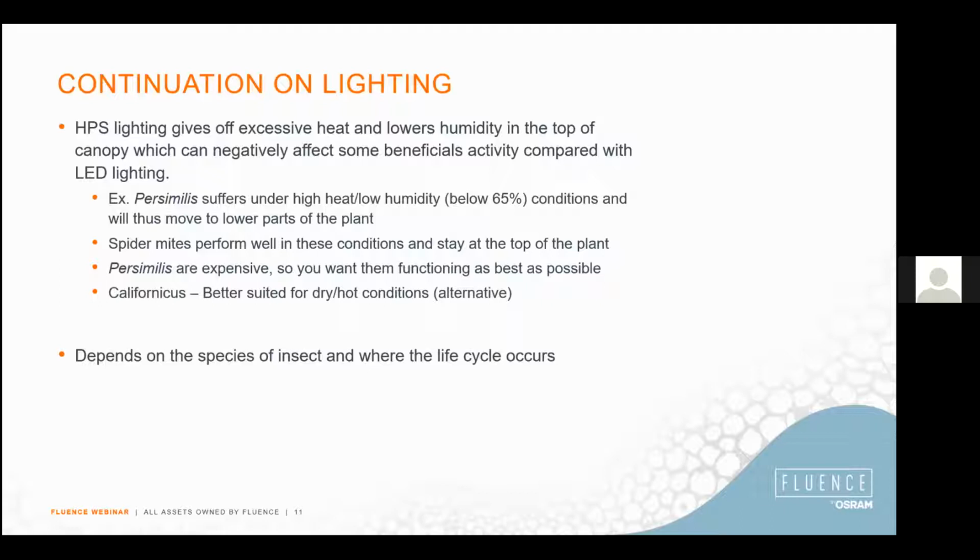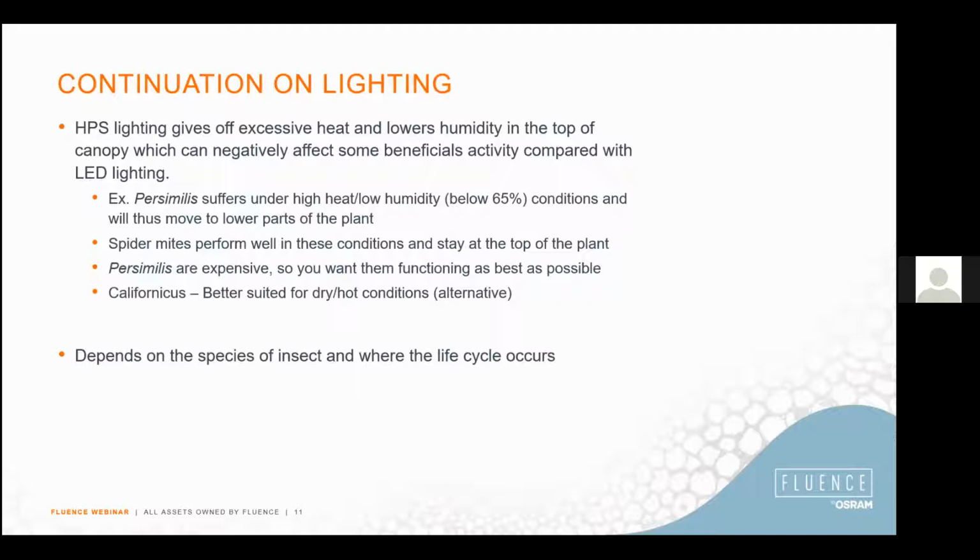So a great example of this is Persimilis used to treat spider mites. Your Persimilis actually suffers under high heat and low humidity conditions, so below that 65% humidity range. And thus it will move to lower parts of the canopy in order to get into a better environment. Spider mites, on the other hand, actually perform well in these conditions.